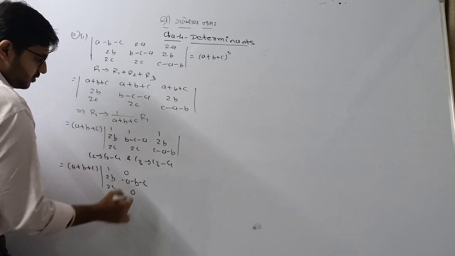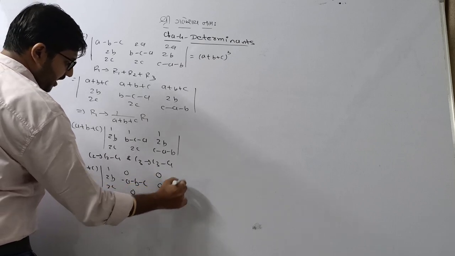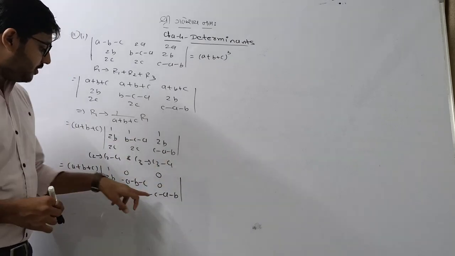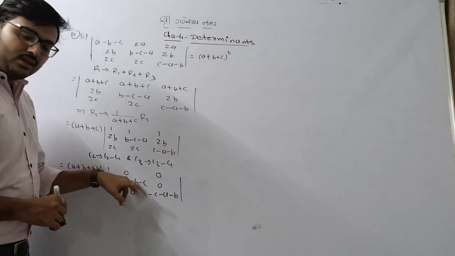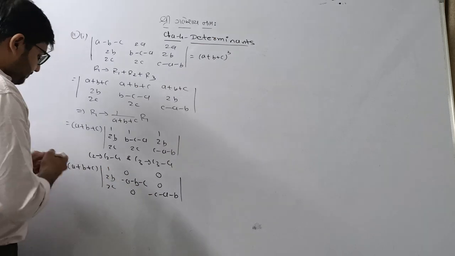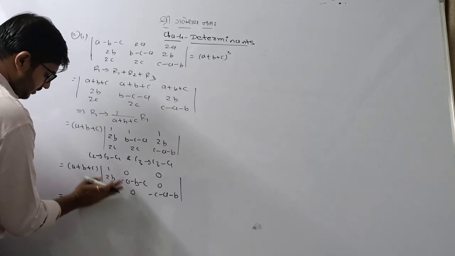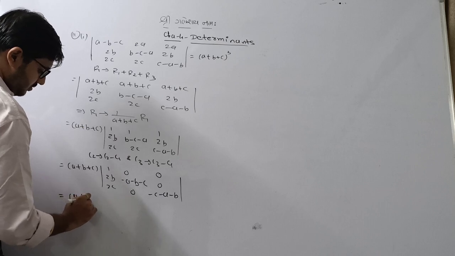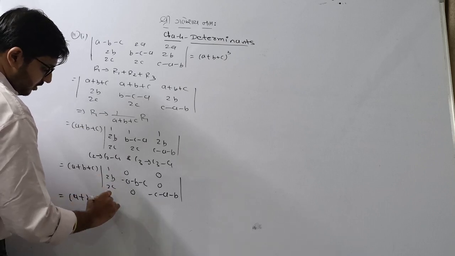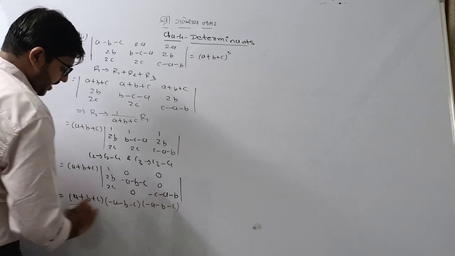Similarly 2c minus 2c is 0, here 0 0, and we'll get minus c minus a minus b. So now it's in the form of a lower triangular determinant. So the value will be the product of the principal diagonal elements: a plus b plus c, with 1, into minus a minus b minus c, into minus a minus b minus c.